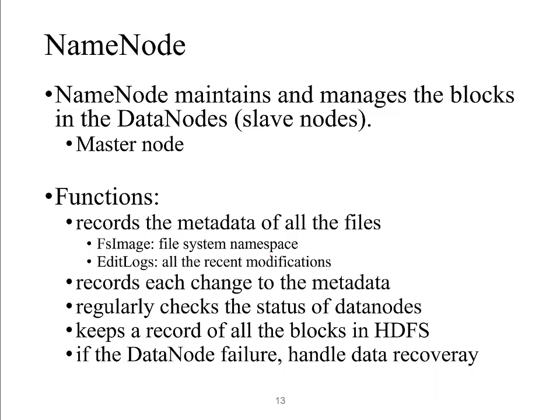The edit logs contain all the recent modifications that are made to the file system with respect to the most recent FS image. For example, if a file is added in HDFS, then the name node will immediately record this in the edit log. So that is how it records each change to the metadata.